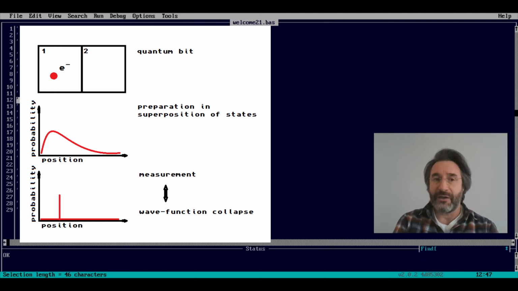But the delta Dirac could be in box 1 or could have its peak in box 2. So this is not exactly like what happens with classical bits, where essentially you have to measure the bit only once and you know exactly what information is stored there.